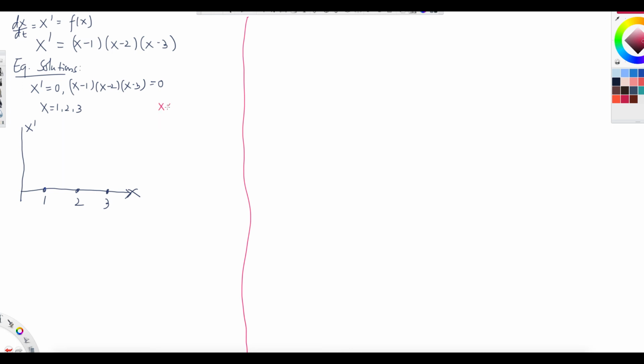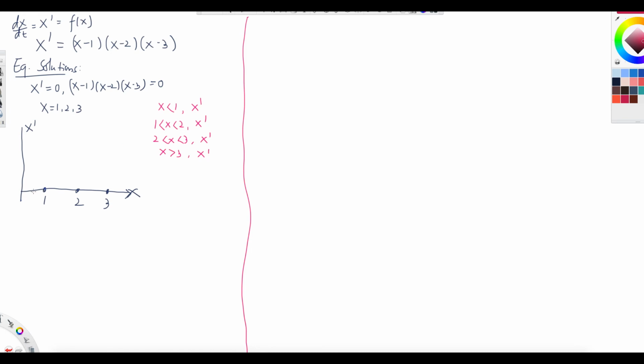When x is less than 1, what will be x prime? When x is between 1 and 2, what is x prime? When x is between 2 and 3, what is the sign of x prime? And when x is greater than 3, what is the sign of x prime? These are the 4 intervals made by these 3 equilibrium solutions, right?